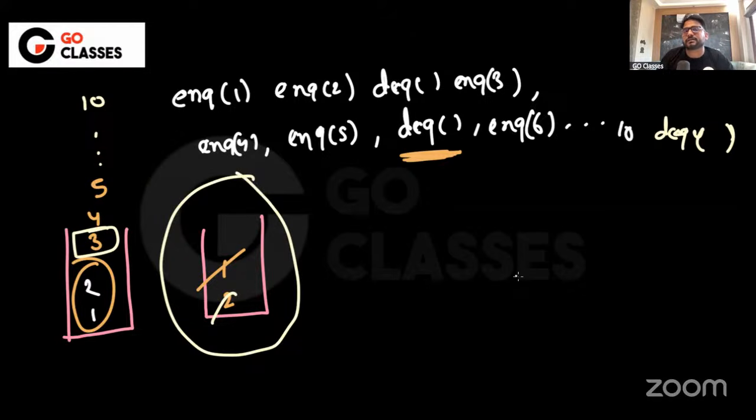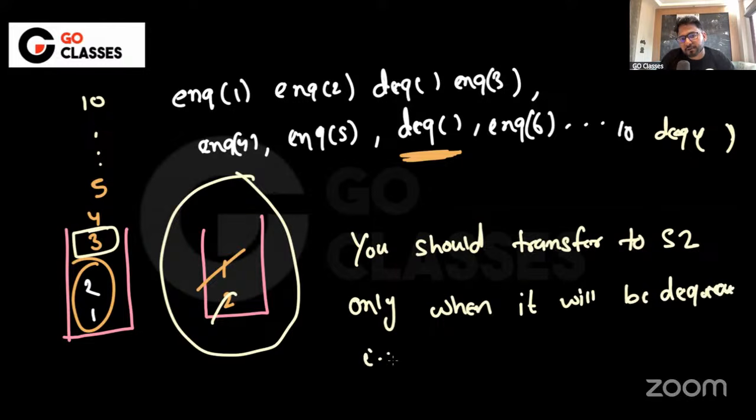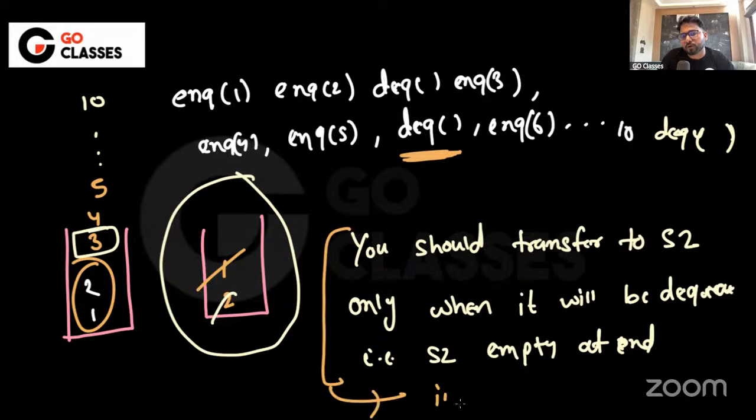If S2 is empty at the end, then it's not a problem. In that case, it is a minimum number of operations you are doing, no unnecessary transfer.